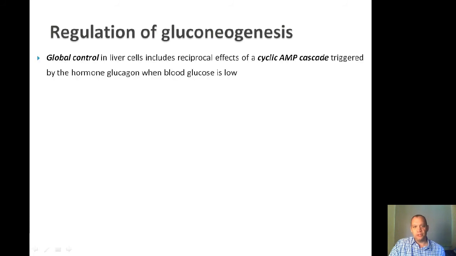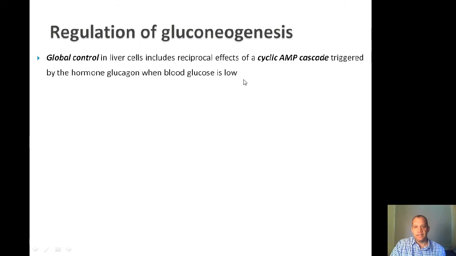Now, global control in liver cells includes the reciprocal effects of a cyclic AMP cascade, which is triggered by the hormone glucagon when blood glucose is low. So when blood sugar levels are low, glucagon is released, and this will signal to liver cells that a large amount of protein kinases should be switched on through a vast signaling network that we do not need to know the details of.